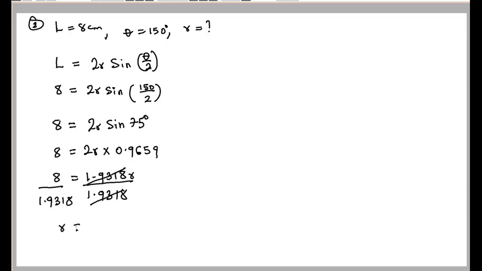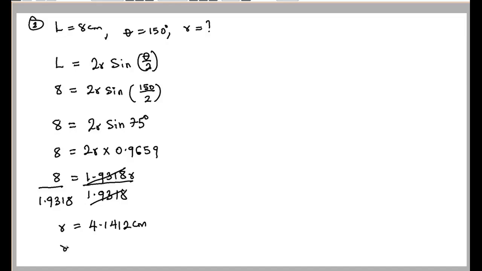R becomes equal to 8 divided by 1.9318, which gives us 4.1412 and so on. It's a long decimal, in centimeters.